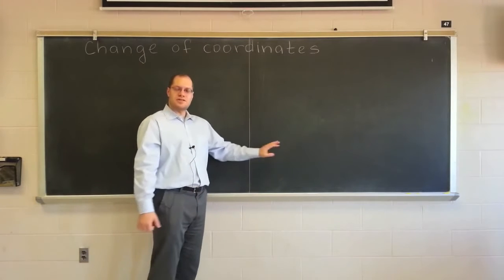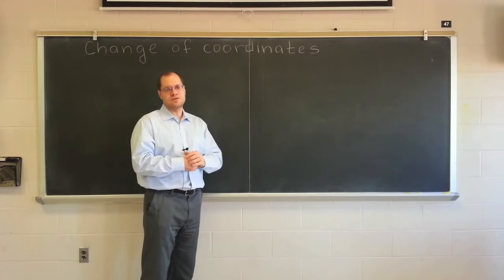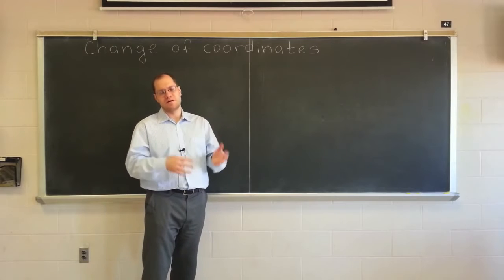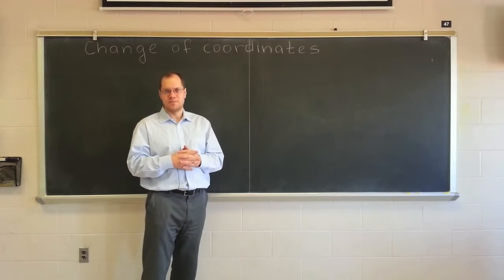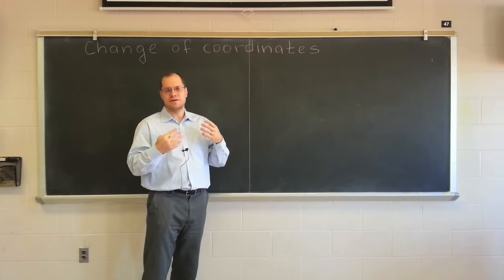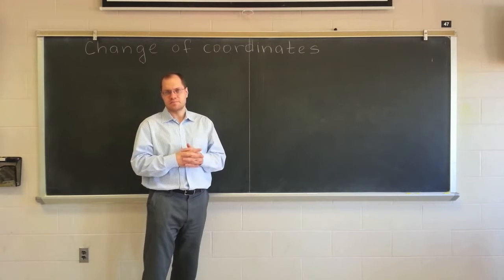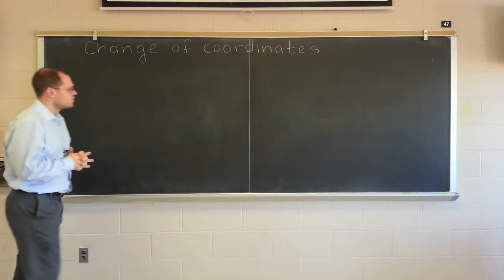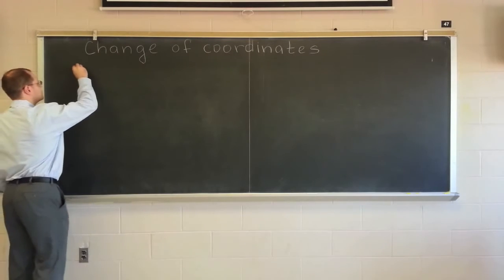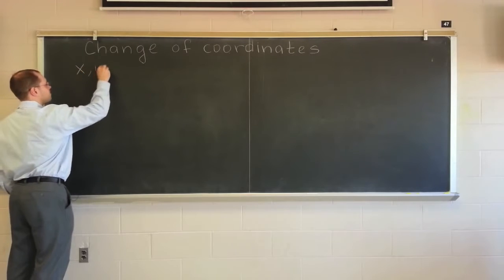So here we'll just consider an example. We'll talk about Cartesian coordinates and polar coordinates and a relationship between them. And we'll discover one very important characteristic of the relationship between them. So, Cartesian coordinates. We'll denote Cartesian coordinates by x and y.